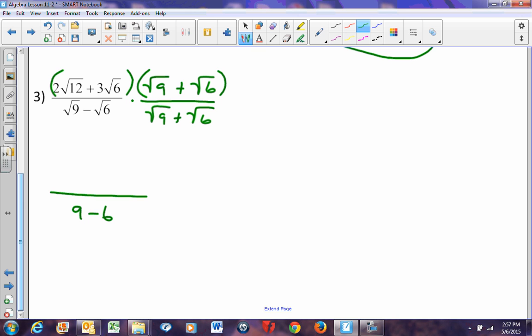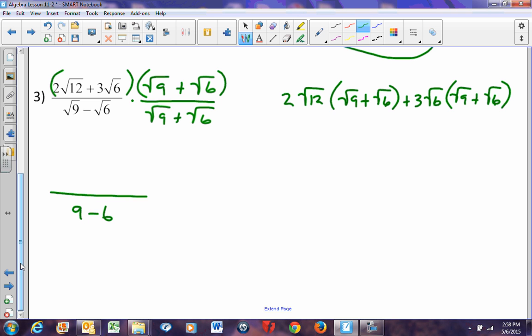So I'm going to have 2 square roots of 12, and that has to be multiplied by the square root of 9 plus the square root of 6. And then I've got plus 3 square roots of 6, I have to multiply that by the square root of 9 plus the square root of 6. So we're going to have 2 square roots of 9 times 12. It's 108, I think. Yep, 108.